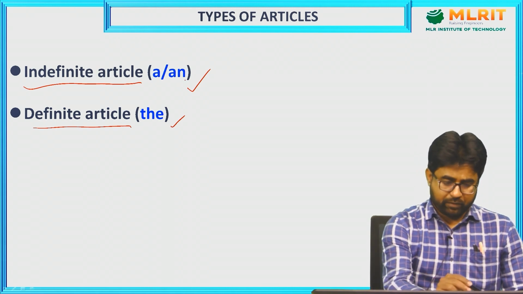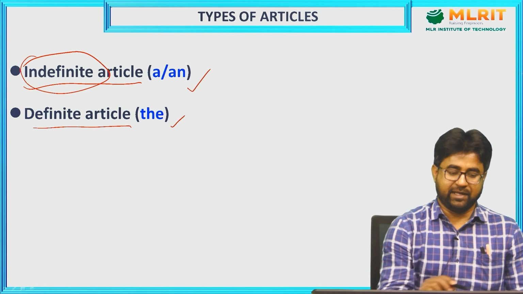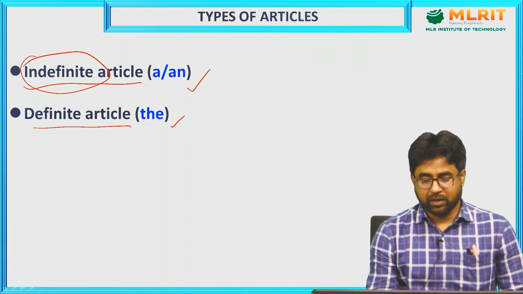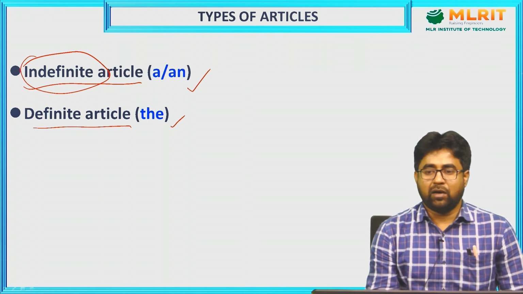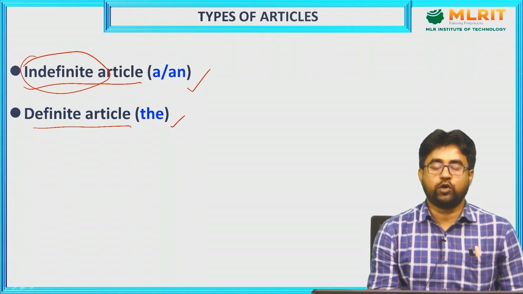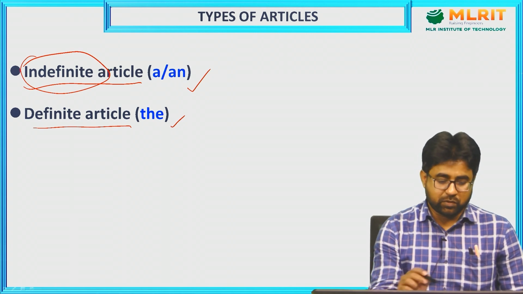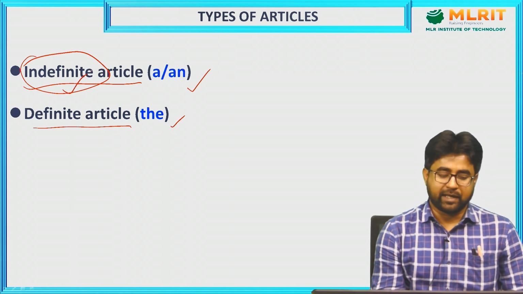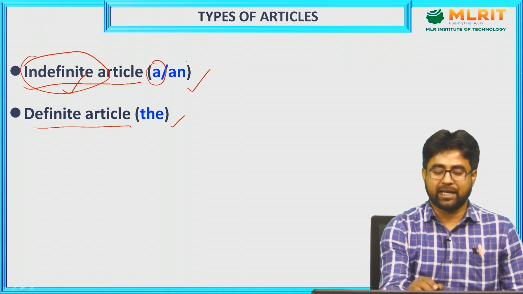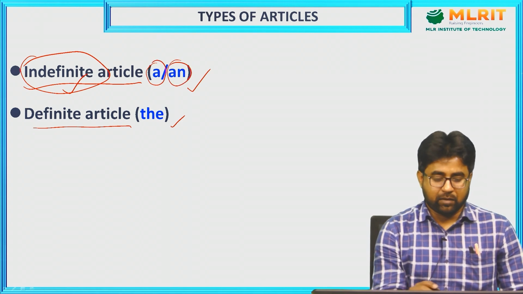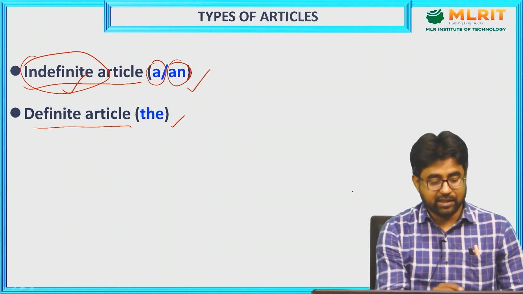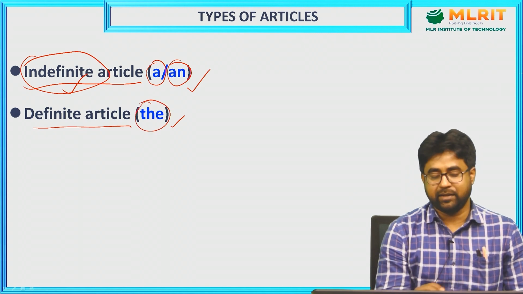Indefinite article, from the name itself you can understand, is something which is not certain. If you are not talking about a specific thing, then it is indefinite. That means it can be anything. So these are called indefinite articles, a or an. The other type is definite article, which is the.